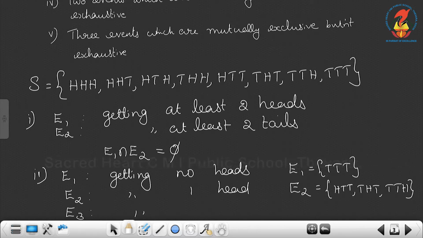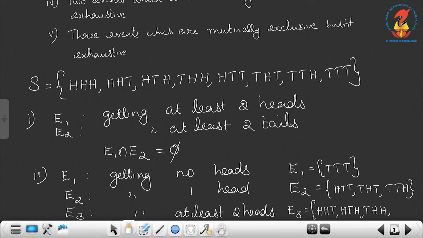Then E3, getting at least 2 heads. At least 2 means 2 or more. So HHT, HTH, THH and HHH. Is it correct? 2 and more heads.